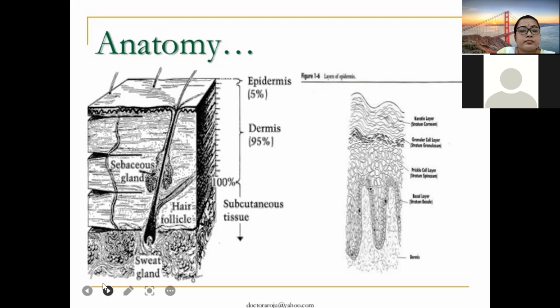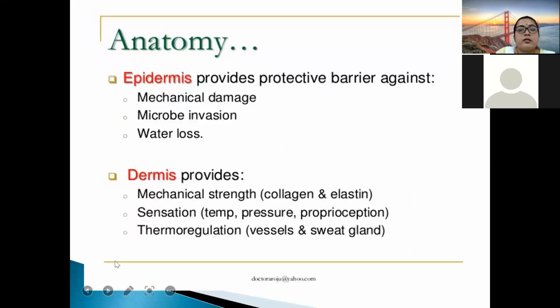Next, what are the purposes of the epidermis? The epidermis provides a protective barrier against mechanical damage, microbe invasion, and water loss. These are the three very important purposes of our epidermis. It is a protective barrier against mechanical damage, such as any kind of shear, tear, or laceration. Then it is the first contact against microbe invasion.